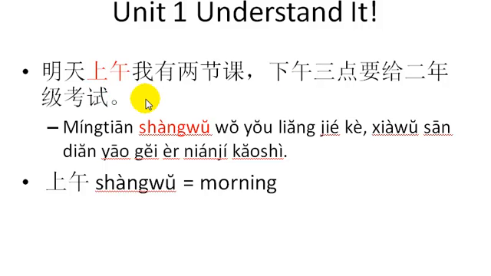So you just learned 下午. 下午 was afternoon. So 上, what do you think 上午 means?